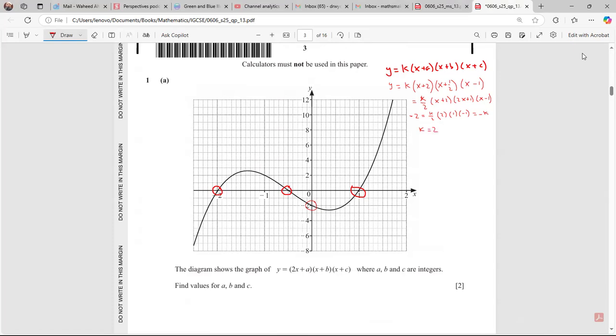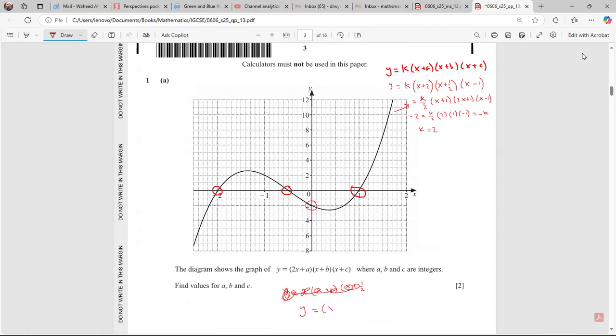Okay, now we have everything, we can plug it in, and we have this equation that y is equal to k is 2 into x plus 2, and then x plus half. I should use this expression. Yeah, okay, let me write it again. So y is equal to k is 2, so 2 over 2 is 1.